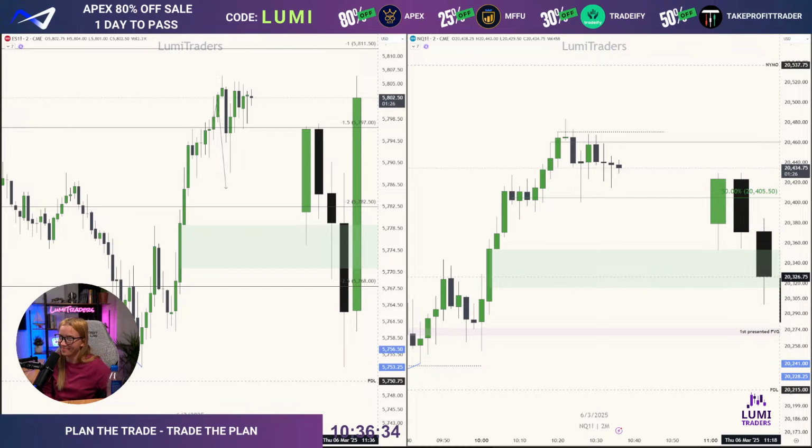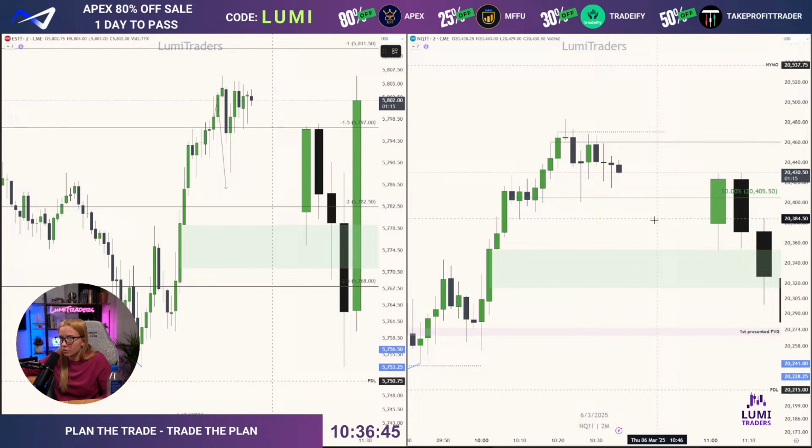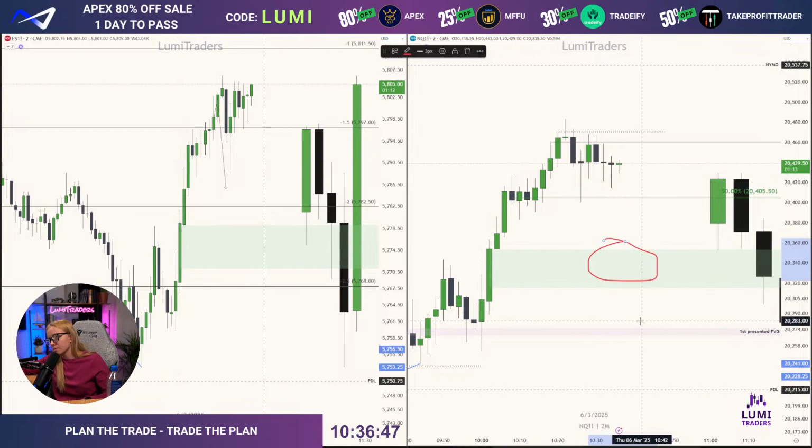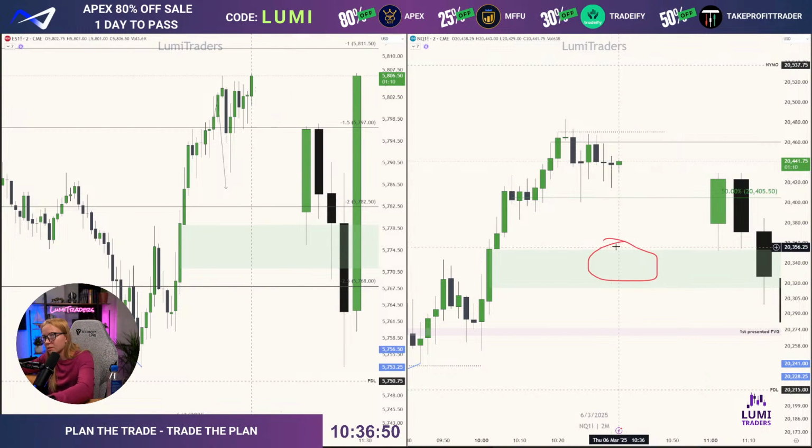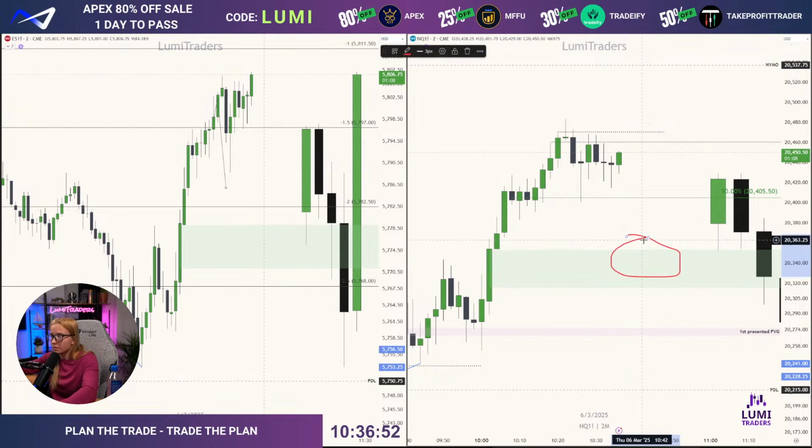Yeah, I mean, once again, I don't want to see the test of this level right here, range right here. Sorry for my not perfect circle. Like this.